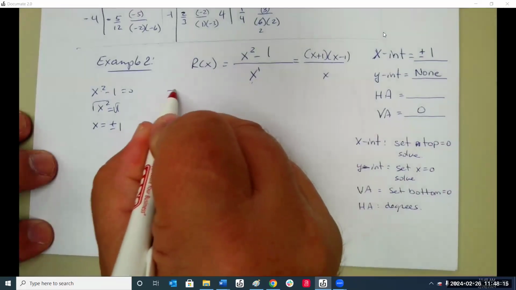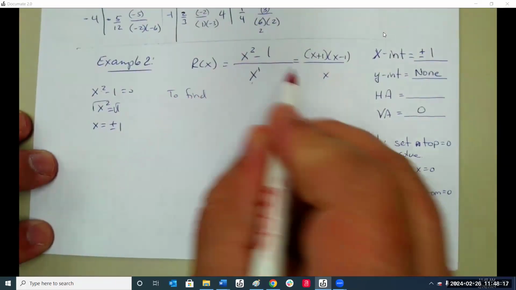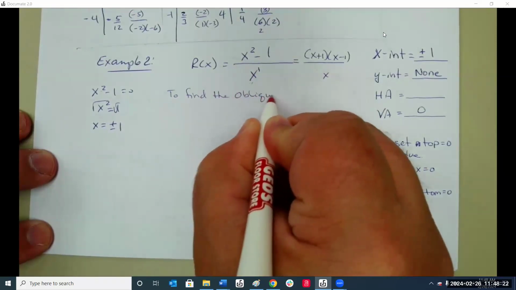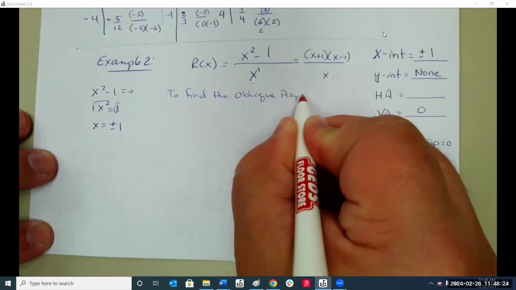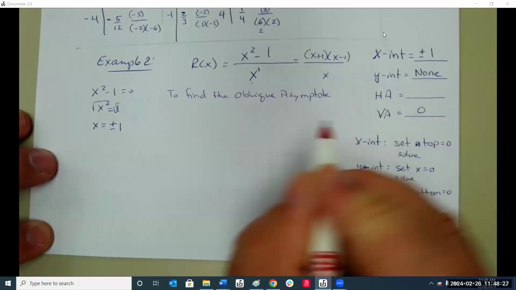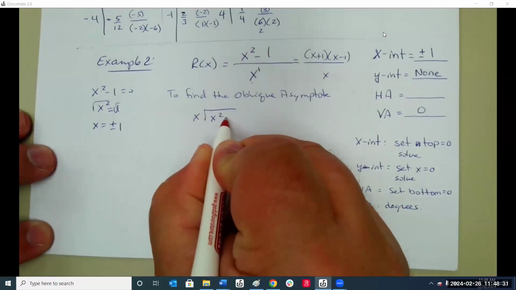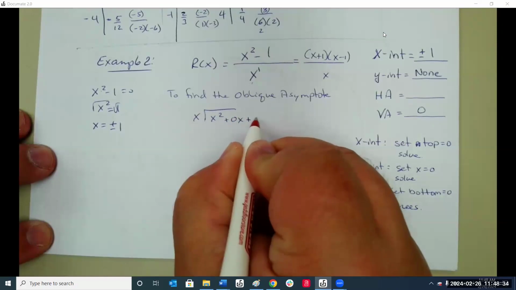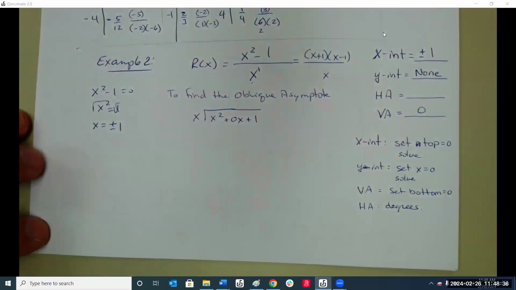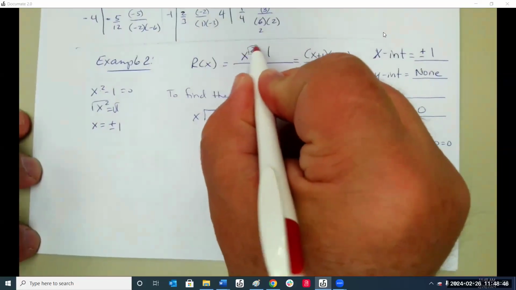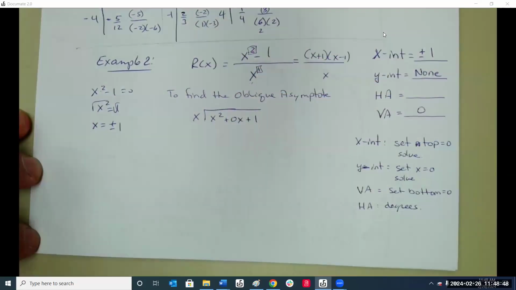So to find the oblique asymptote, we do long division. Remember, oblique asymptotes is if the top exponent is bigger than the bottom by 1.